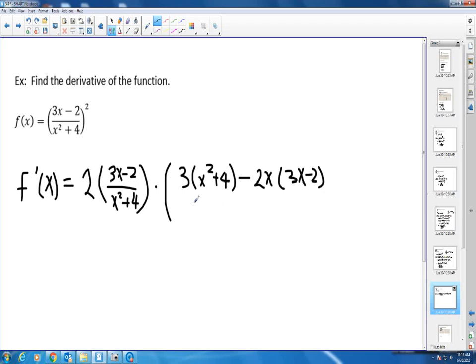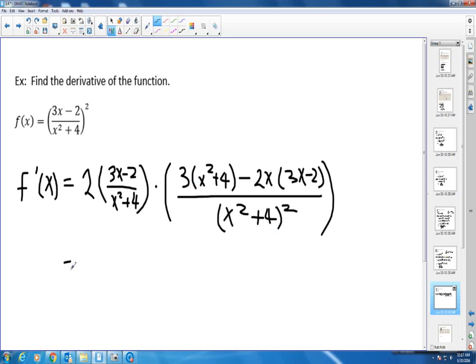Then the whole denominator squared. Alright, derivative of the outside of the inside times the derivative of the inside. The inside is using a quotient rule, so that will be derivative of the top times the bottom minus the derivative of the bottom times the top, then divided by the denominator, whole thing squared.